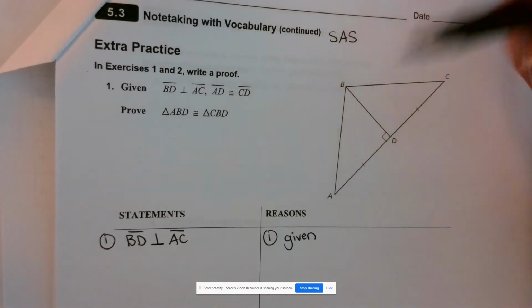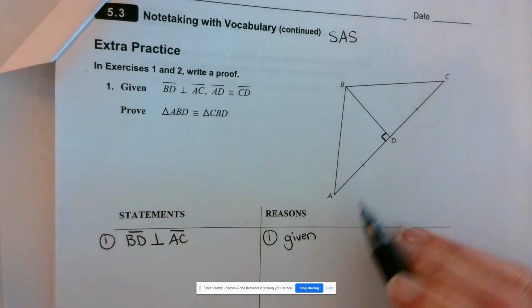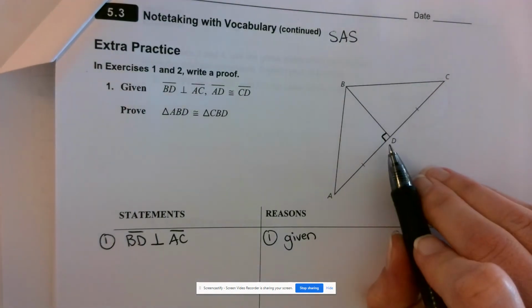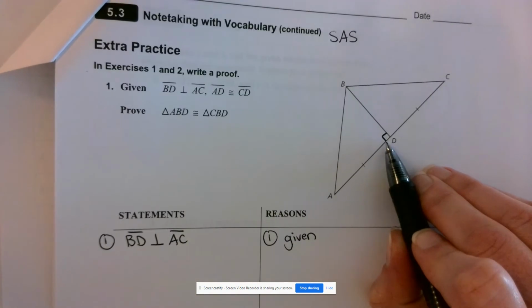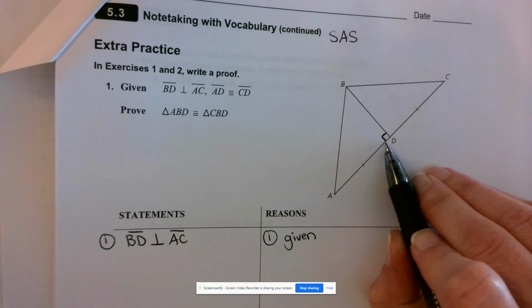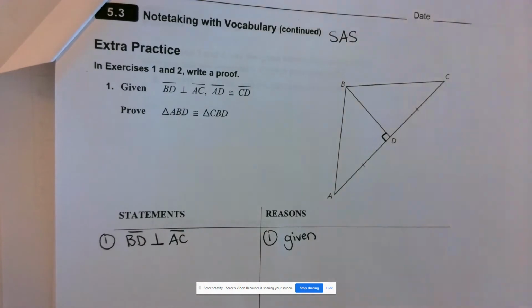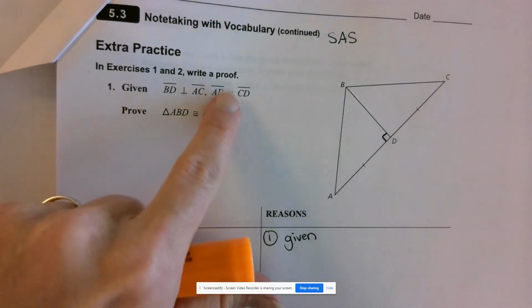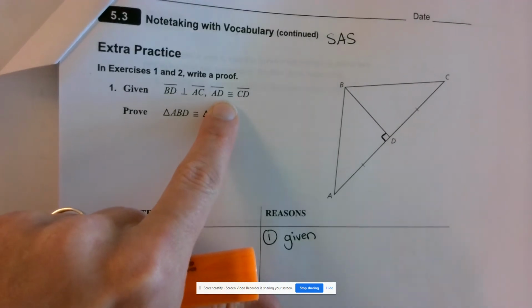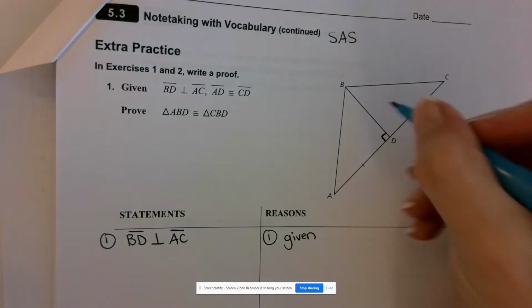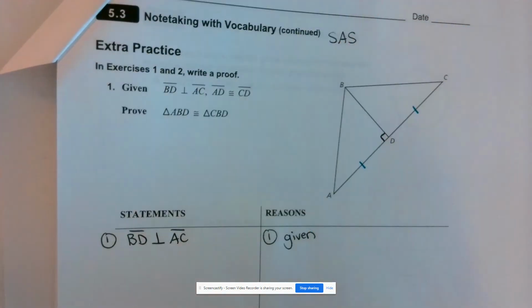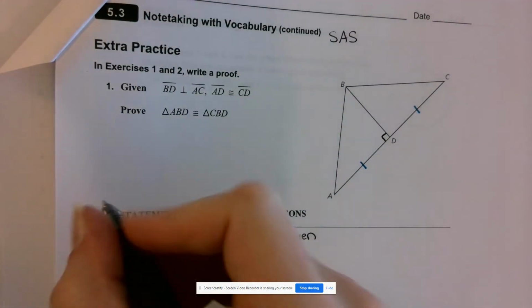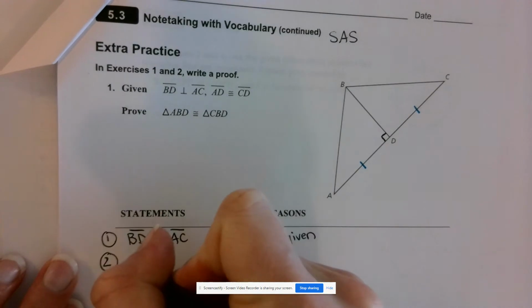They've shown us that this angle is a right angle here, and that's what it means to be perpendicular. They also tell us that line segment AD is congruent to line segment CD. And we have that in the picture with those tick marks. So that's our second given.